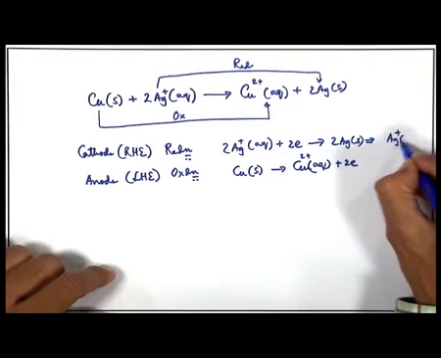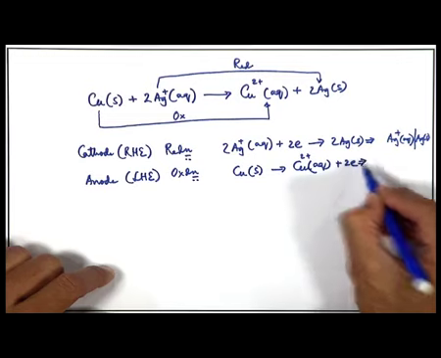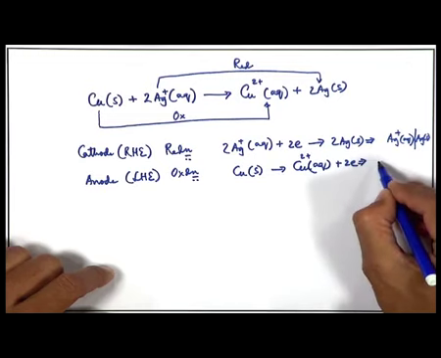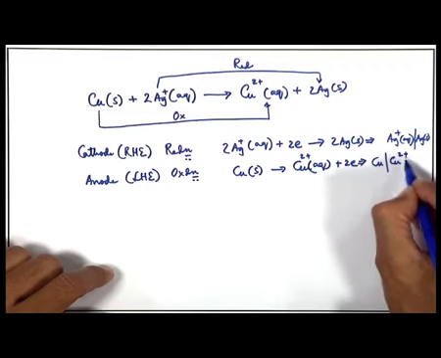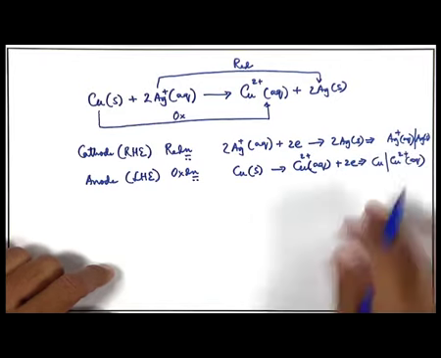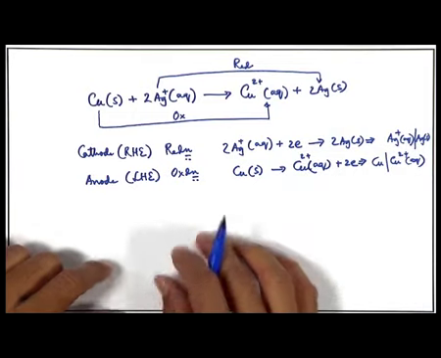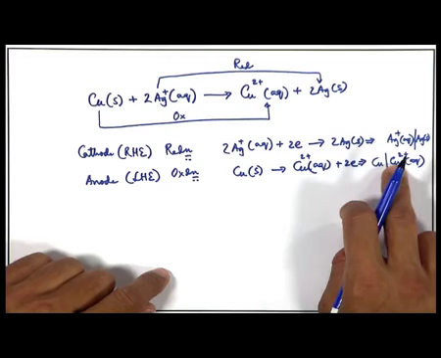So, the corresponding half cells will be represented like this: Ag plus, Ag solid, and here Cu2 plus. Therefore, you couple these two, and you have to put this in the right hand side and put this in the left hand side.